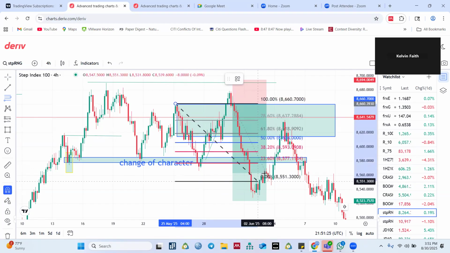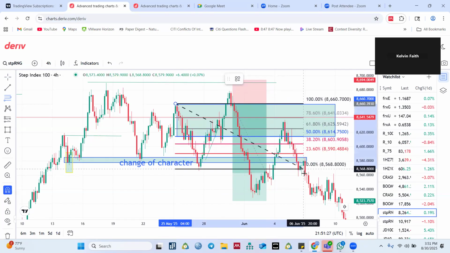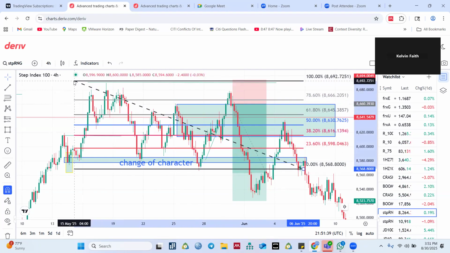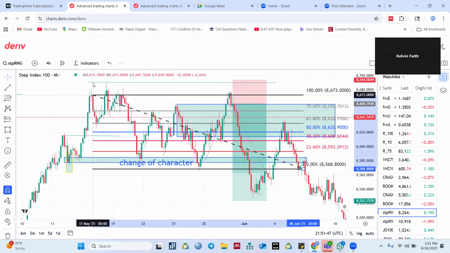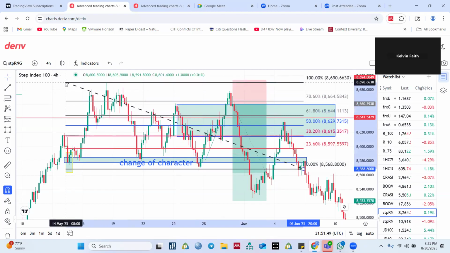we measure with our Fib, and we got our premium zone, which is above 50%. But already there was this high here that we had. So if we are to look at the bigger measurement, we have to measure from this high, rather.